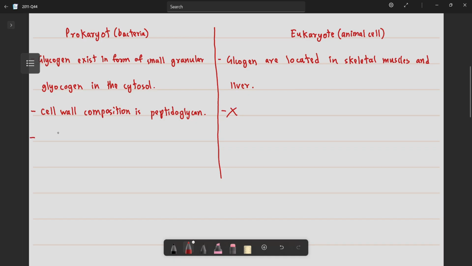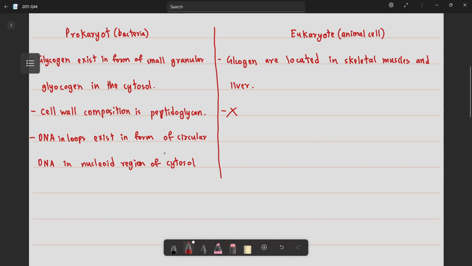Now if we compare, DNA in loops exists in the form of circular DNA in the nucleoid region of the cytosol.